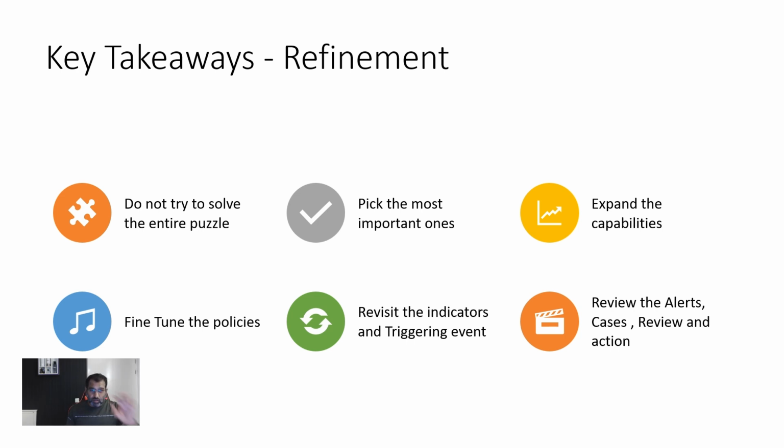Just focus first on the manageable as well as the high impact areas, which means pick one policy. Let's see what are the data exfiltration activities that are happening. File upload to the cloud storage, so you can just pick one or two, like copying files to USB. These kinds of things you can do. And also, for example, printing the sensitive files. These are the important ones, so pick the most important ones.